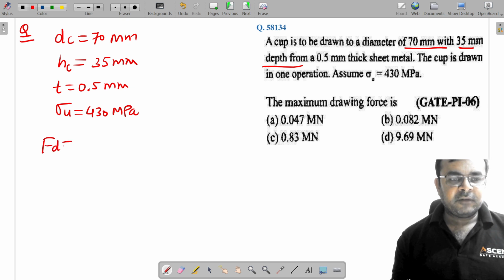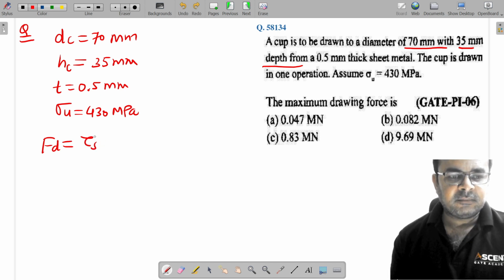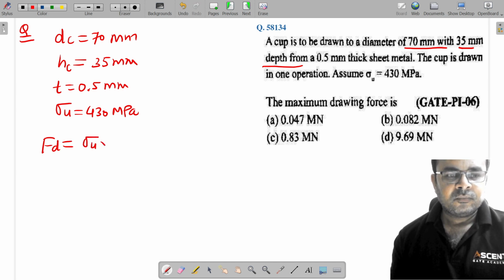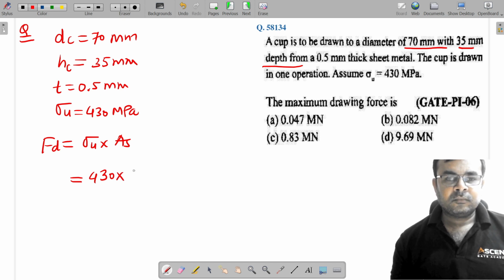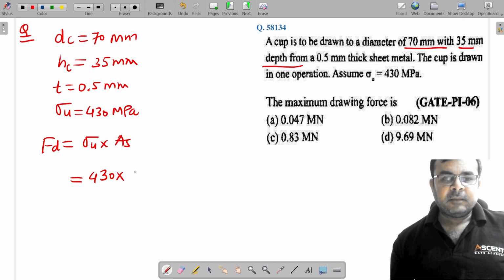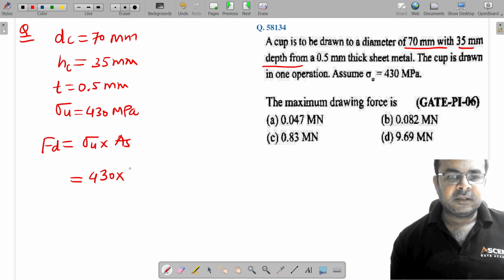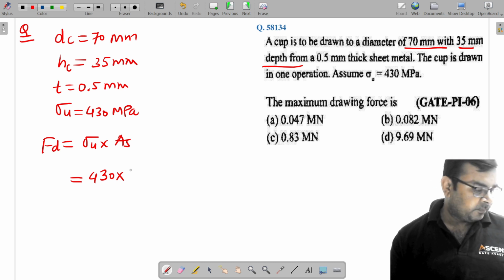So if I write drawing force, this is nothing but shear strength, sorry, this is sigma u into shear area. So simply we can write this is 430 into, the cup is drawn to a diameter of 70 mm with 35 mm depth. Is it clear?